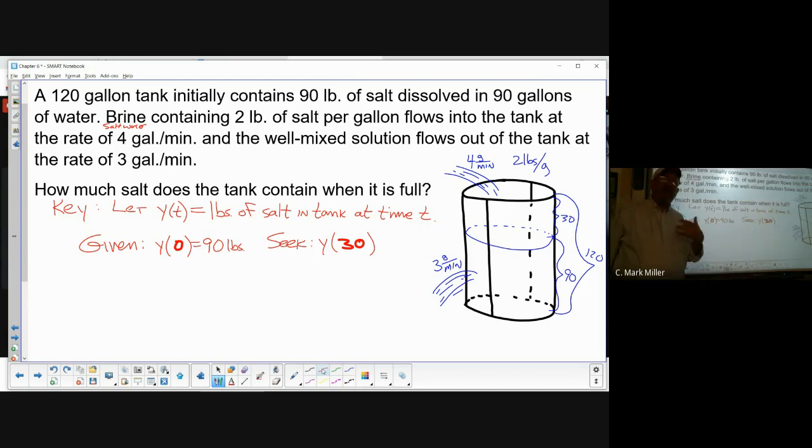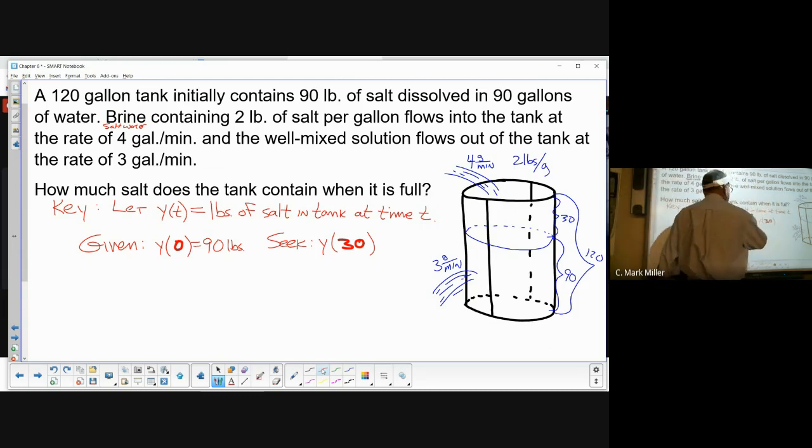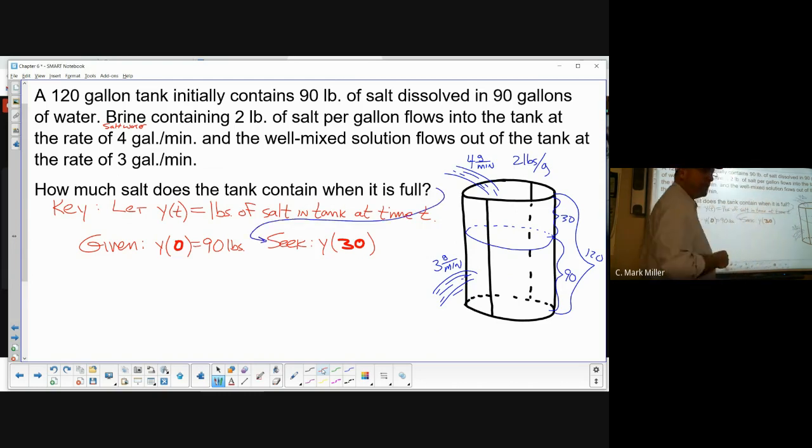The amount of liquid is increasing at 1 gallon per minute, so that's 30 minutes. You want to know how much salt the tank contains when it is full, so that amount equals y of 30. It'll take 30 minutes because there's only 30 gallons of space left.